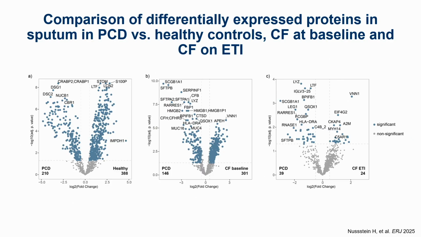While we have over 400 differently regulated proteins in the PCD versus CF baseline comparison, ETI induced a shift in the proteome so that we could observe only roughly 16 proteins when we compared it to PCD. Taken together, this data shows that with ETI, the sputum proteome of CF becomes more similar to what we observed in PCD.